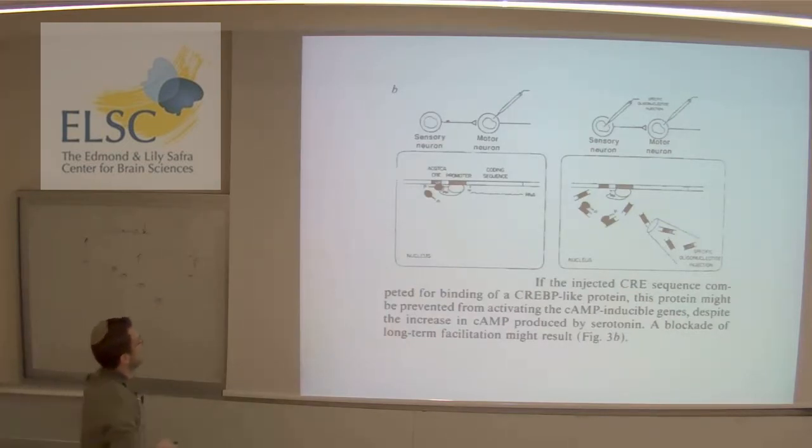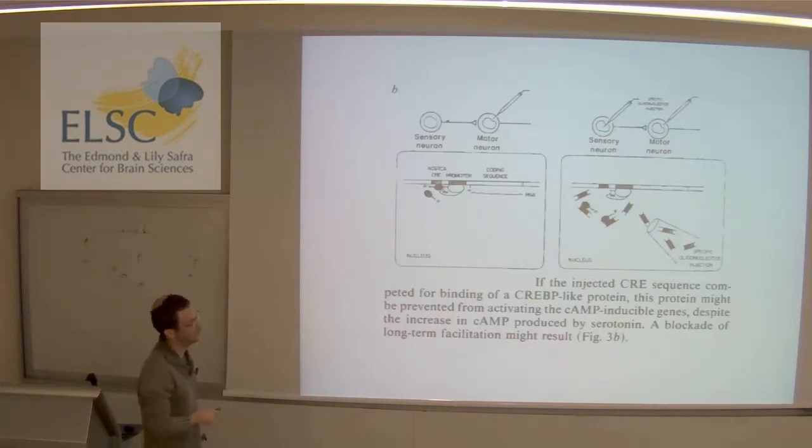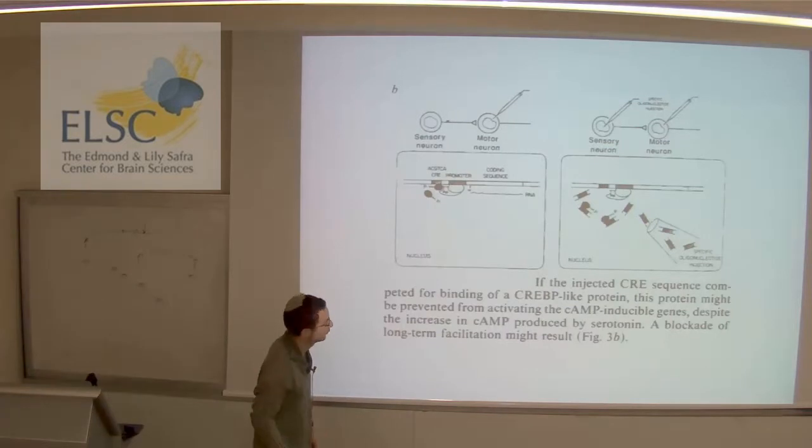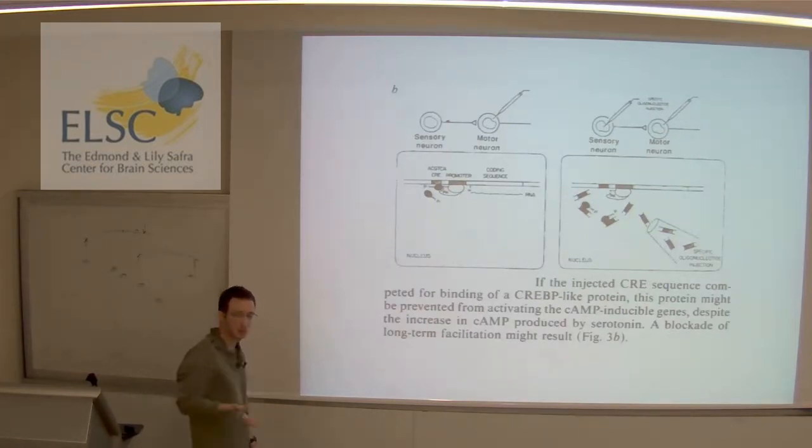Okay, so the left side represents the case where we have not injected anything. That's the optimal control. And here, when you induce long-term facilitation, again, chemically by exposures. How many exposures of serotonin did they use? 5 exposures. Again, there are some different protocols.